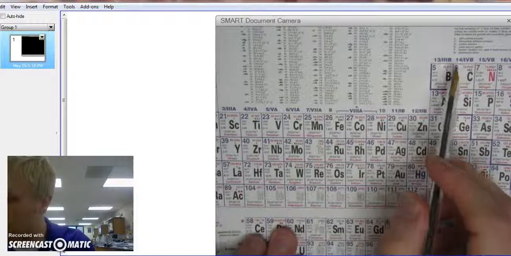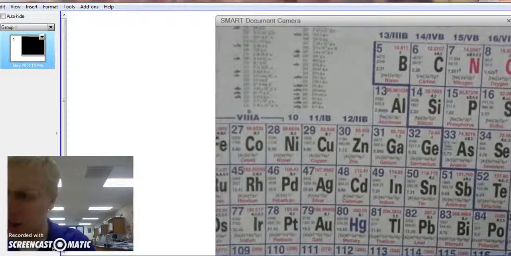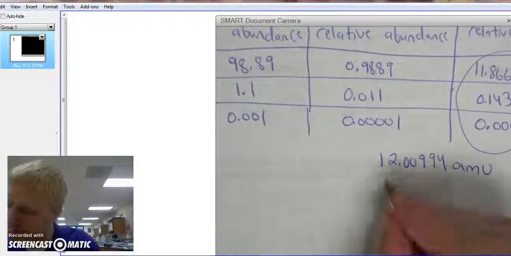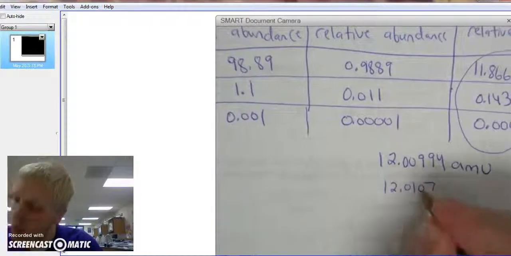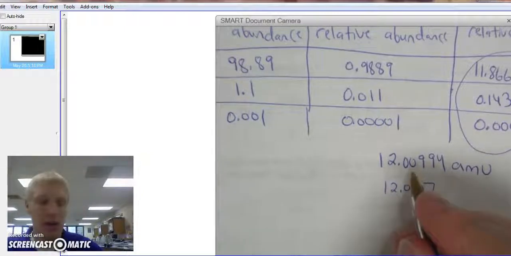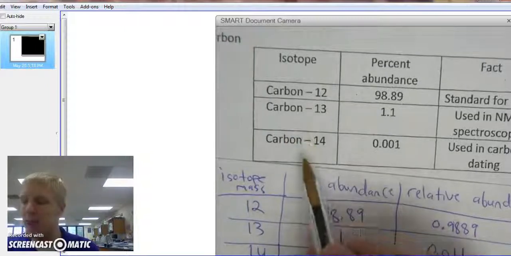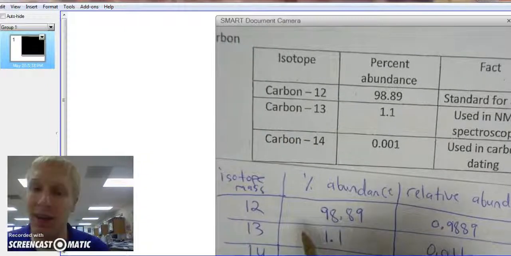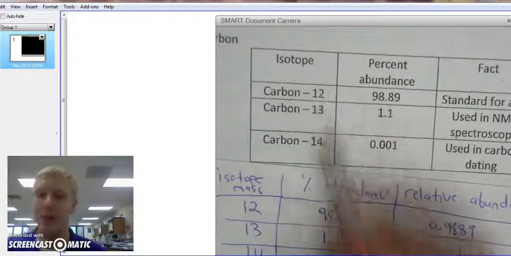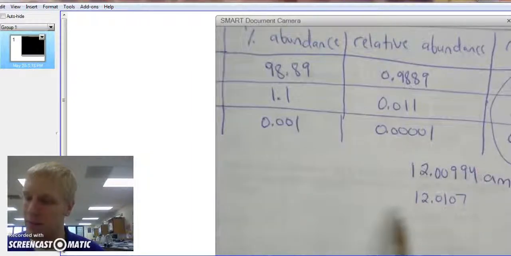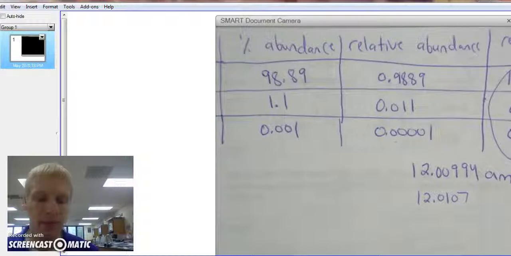I can then compare that to the actual carbon value, which is 12.0107, which is slightly larger than the atomic mass that we found. The reason is we only have 3 isotopes, but there are actually more isotopes of carbon than what exists on this chart. So there's carbon 15, 16, which would increase the overall atomic mass.